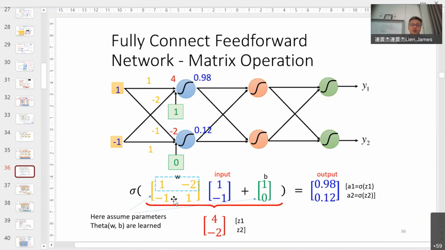So the same, after training, it tells you if you input this one here, this is your training result. This is the W, this is B, the bias, and this will be your output. And this output will become the input of the next one.